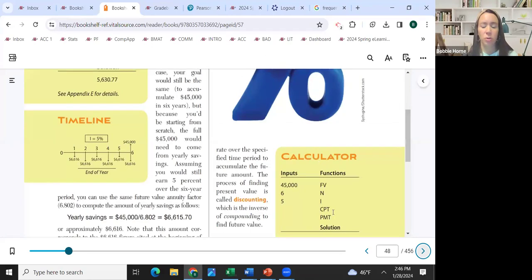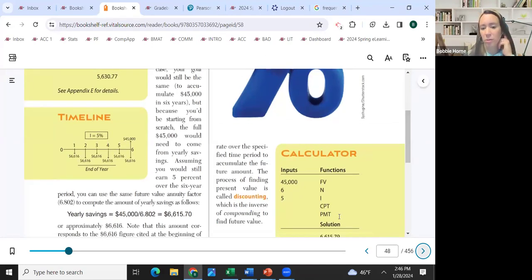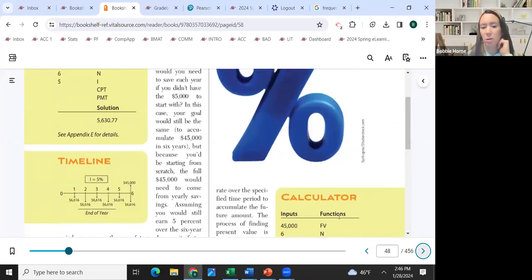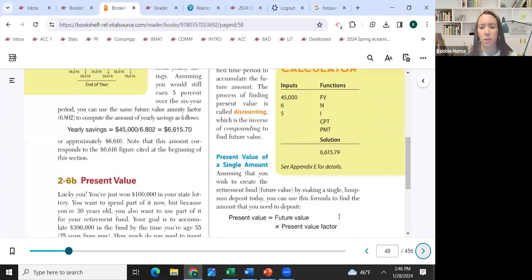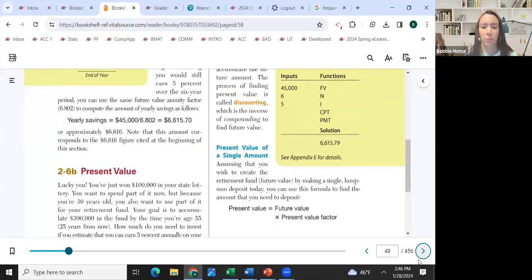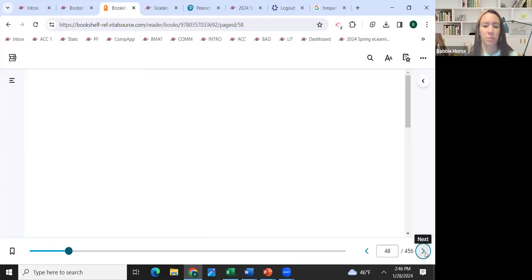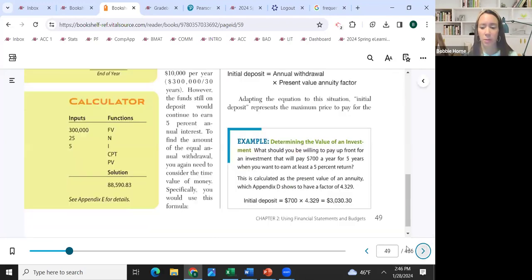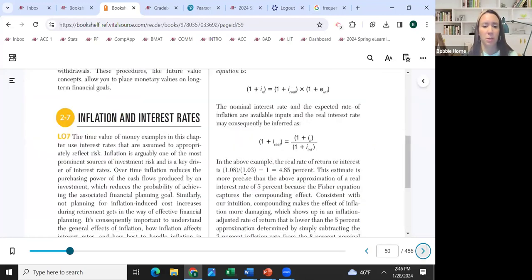These are all showing you how to do this in your calculator. So this is a good way to get those numbers. So please use your textbook.